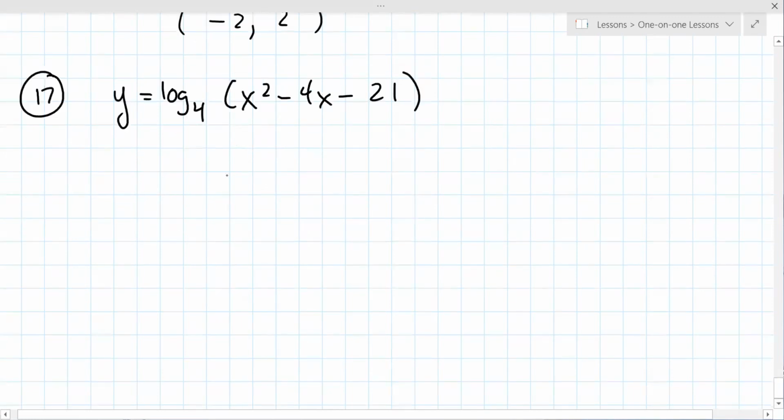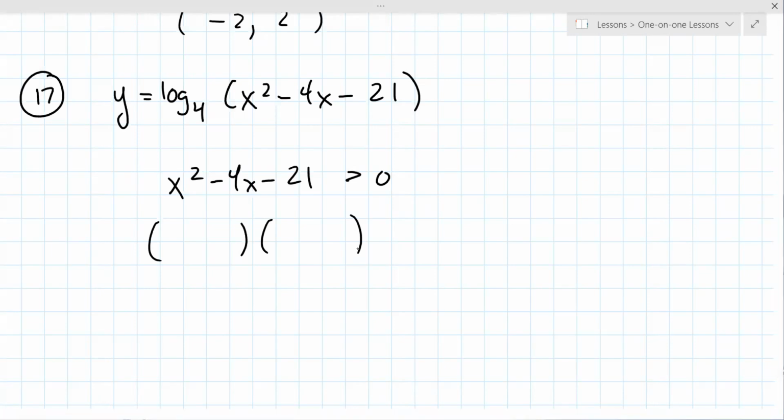You're going to set x squared minus 4x minus 21 greater than 0. So try factoring that. All right, x squared minus 4x minus 21 greater than 0. This would be x minus 7 times x plus 3. And you set that equal to 0.